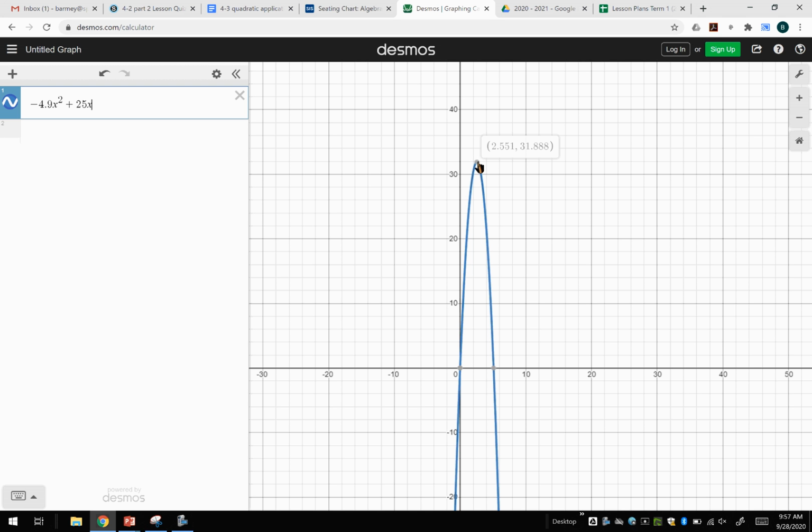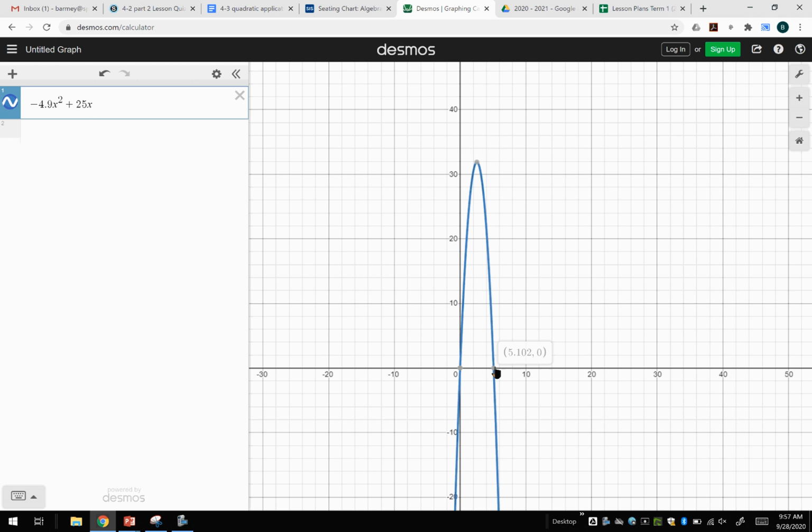So this is a check to see that you did the vertex correctly. I want you checking on this assignment and on any quadratics problem. Obviously, you won't have your Chromebooks on a test, so you need to be confident that you're doing it correctly. But in homework, as practice, check it with Desmos.